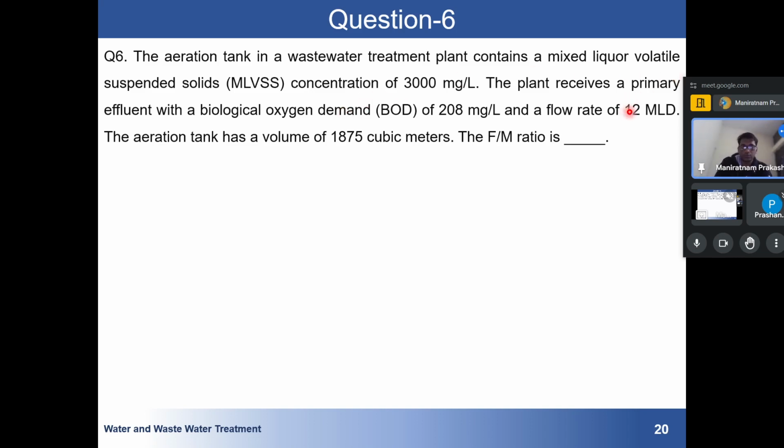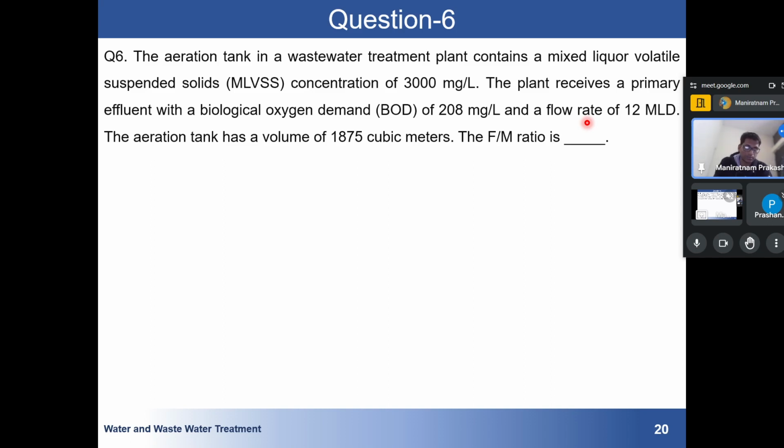And the flow rate is 12 MLD, that is 12 million liters per day. You can imagine, suppose a wastewater treatment plant runs for a complete day, which is not possible. No treatment plant receives water for a complete day. All treatment plants run for a certain period.